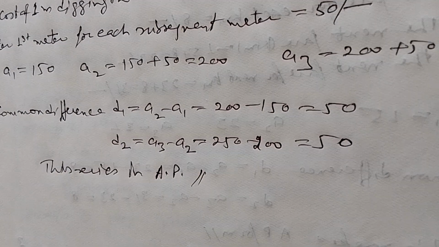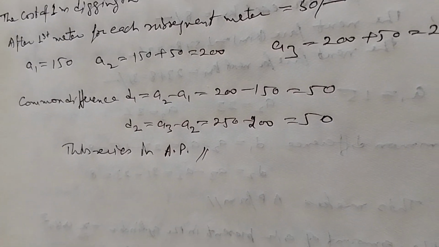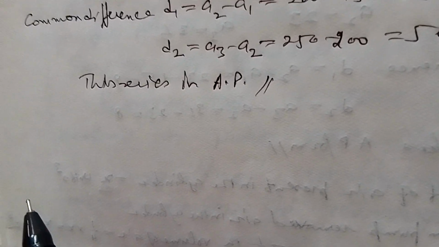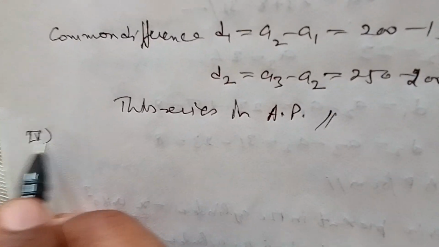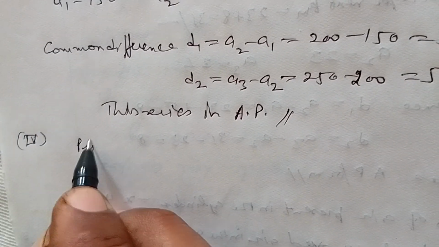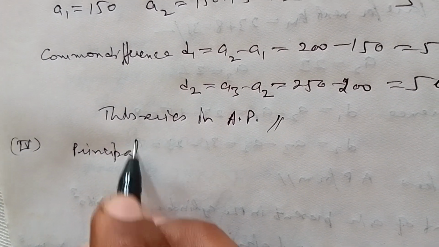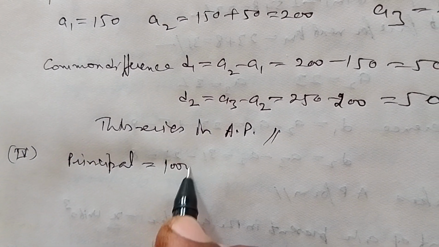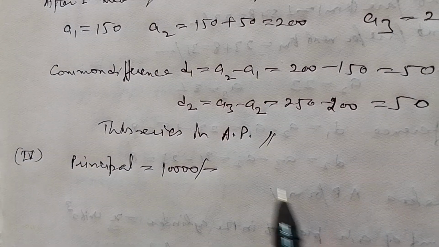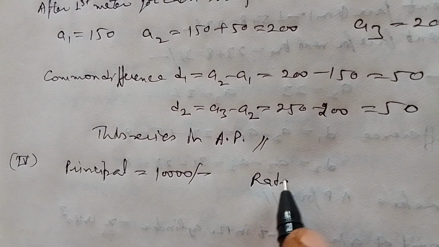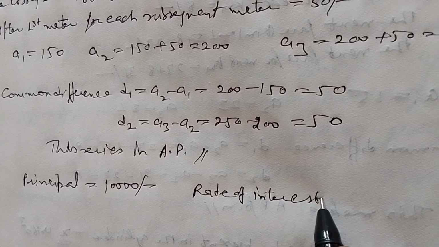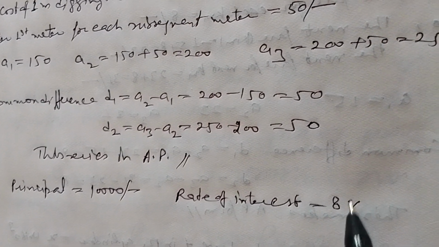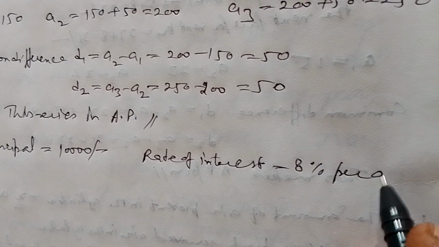Now the fourth part of the question is, we have to calculate the compound interest. The principal amount given is 10,000 rupees. Rate of interest is 8% per annum.